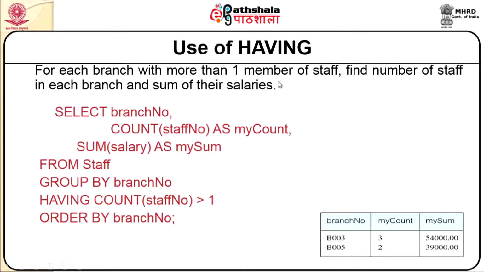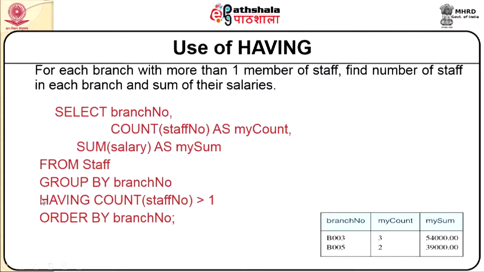If we represent it by a SQL statement, it should be like: select branch number, count staff number as myCount, sum salary as mySum from staff. This is how we have represented it in the previous table. Order by branch number. Now that we have introduced group by branch number having count staff number greater than 1.